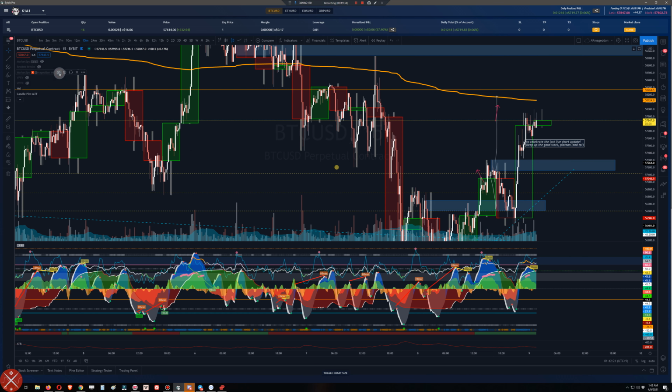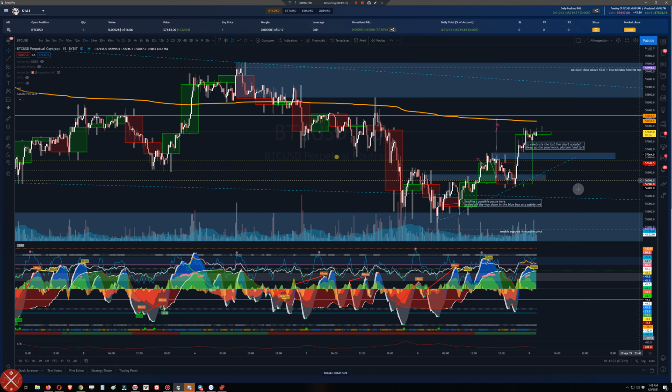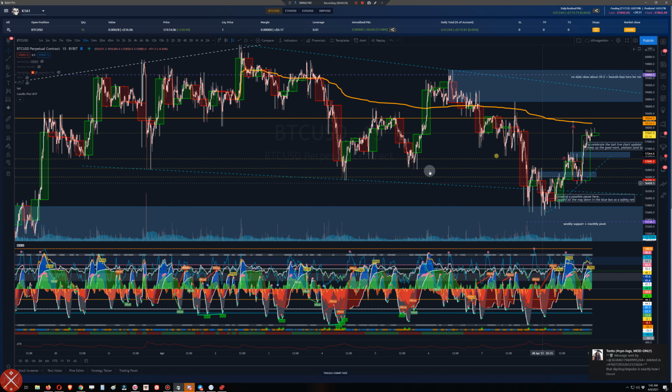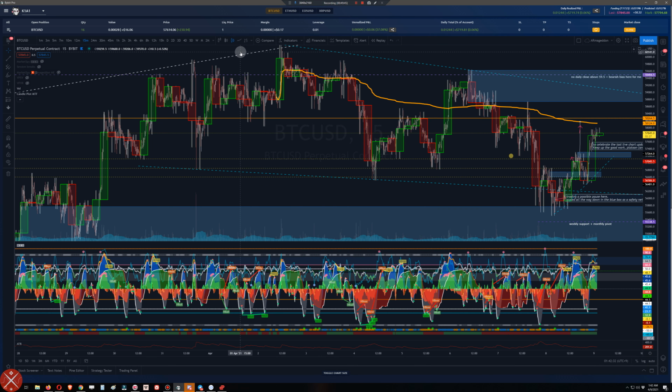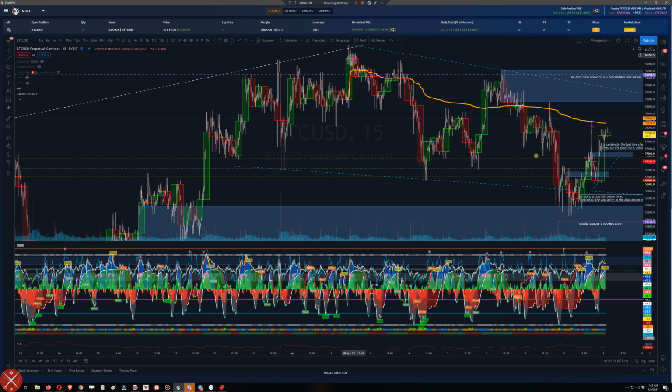Now, as an extra bonus, I went to the previous top over here, sitting at 60k, a localized top. Then I went to this area and selected anchored VWAP right here. We placed it in here, and it showed us supply.